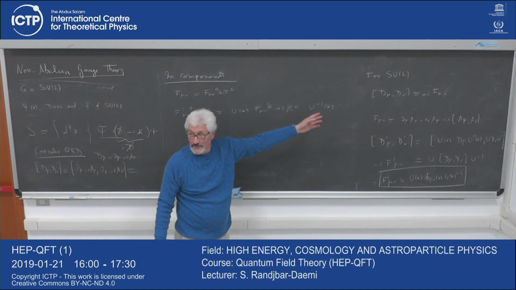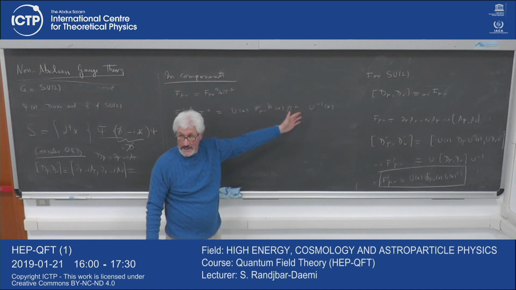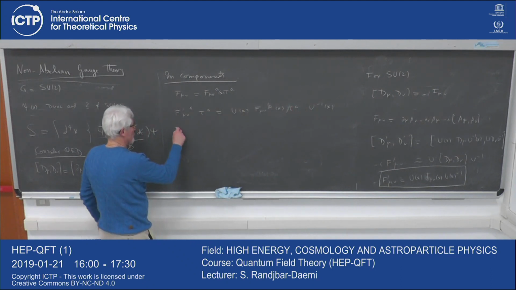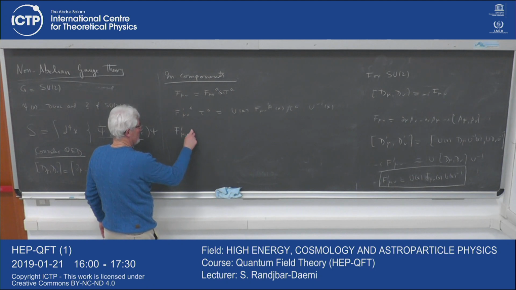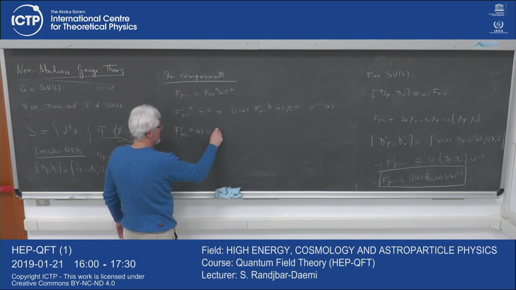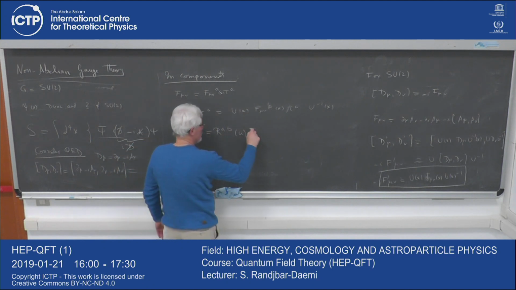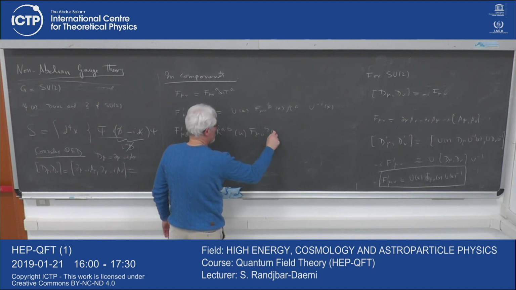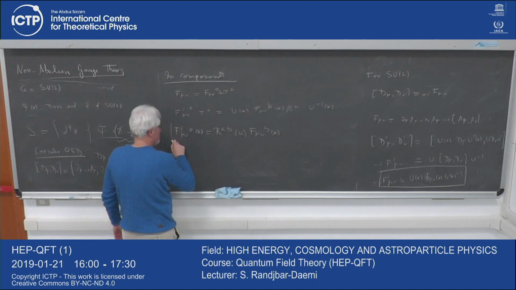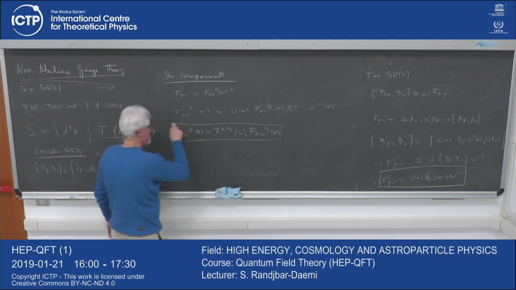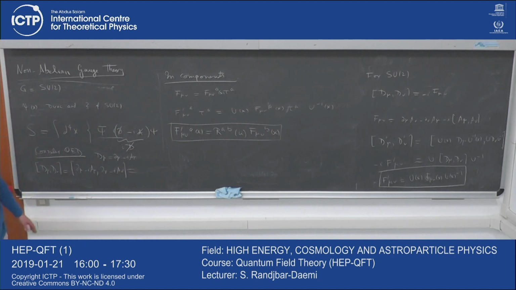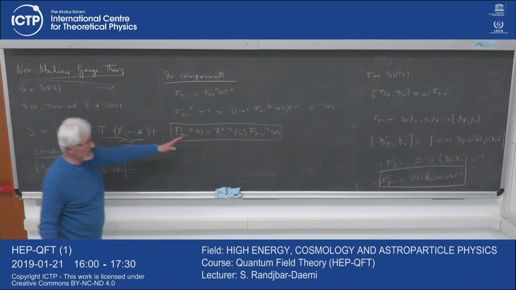This piece is exactly like the one that we worked out for A, so you could immediately take over that result and say that this is R^ab(U) F_mu nu^b. So F transforms tensorially. It transforms covariantly with no extra terms in it.